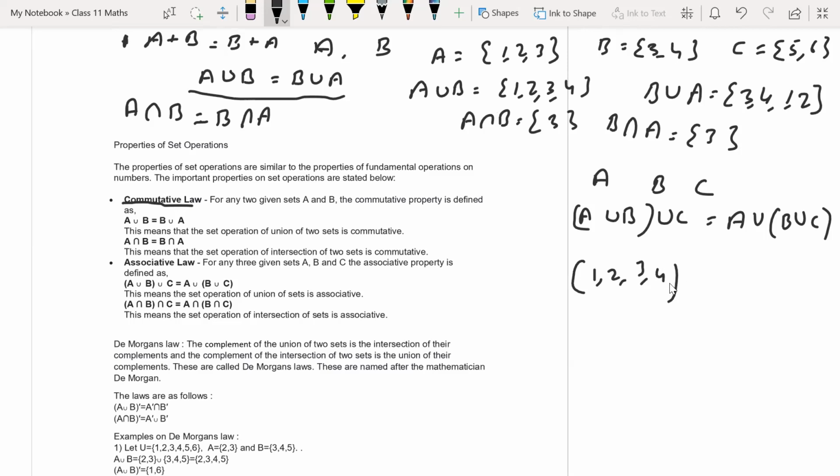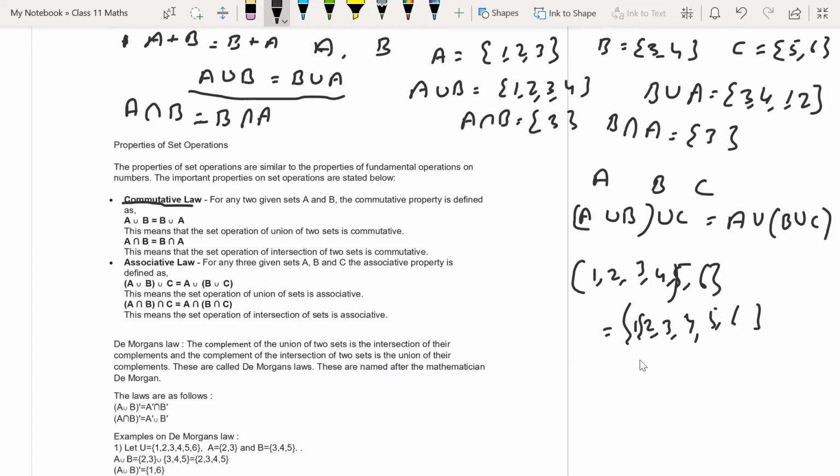And union C is 1, 2, 3, 4, 5, 6. And here also 1, 2, 3, 4, 5, 6. We can say that the set operation of union of sets is associative in nature.